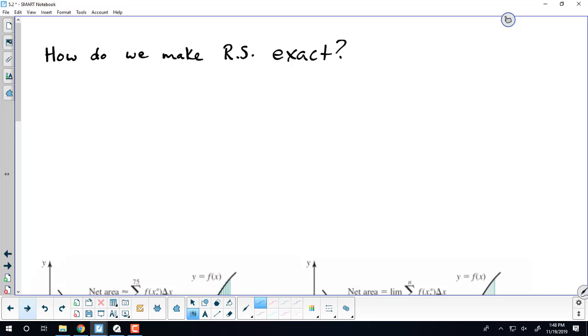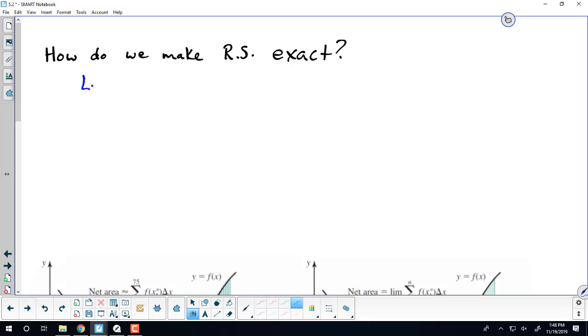Right. So if n approaches infinity, what does that mean? What does n represent for us in 5.1? The number of rectangles. The number of rectangles we're actually putting under the curve, right? Subintervals, right? So in order to make that exact instead of an approximation, we have to fill up the region with infinitely many rectangles.